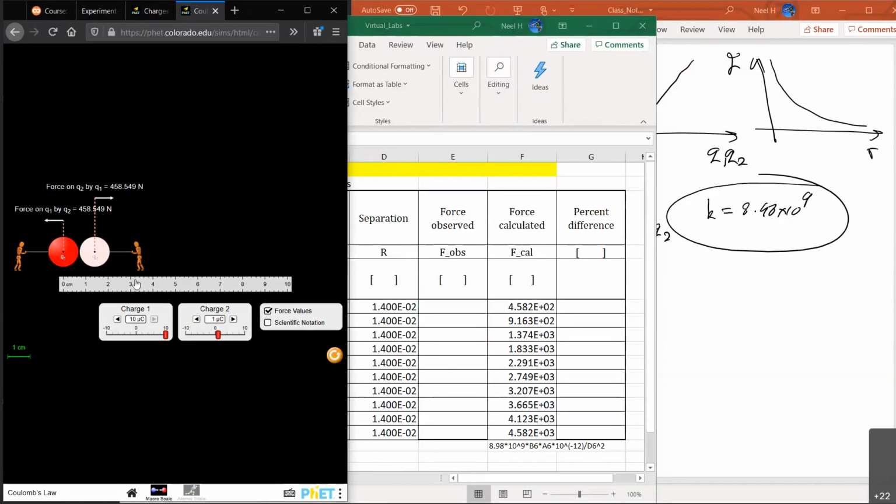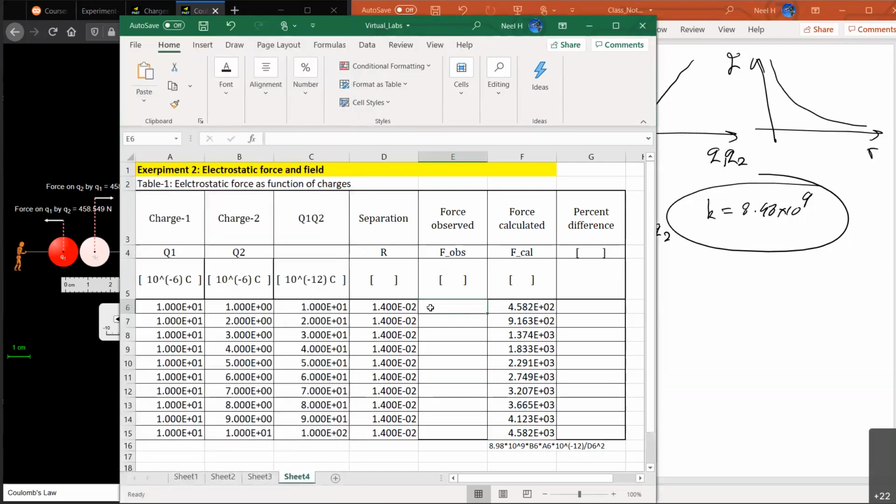But since I can't measure this displacement to 6 significant figures, we can use only 4. That's okay, I think. So the observed value is 458.549.